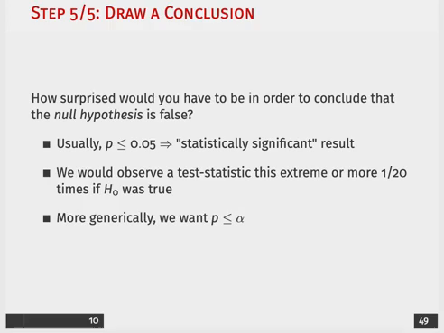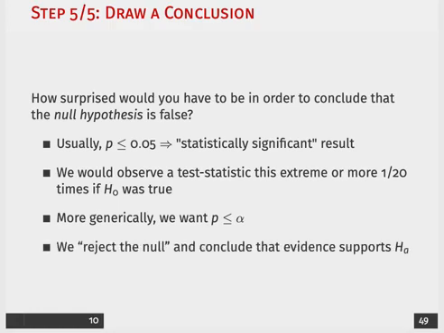The lower our p-value is, the greater the certainty, or the more surprised we would be if the null hypothesis was in fact true and we rejected it. Now, if we do find a p-value that is below our critical threshold, we typically can reject the null hypothesis and conclude that the evidence supports our alternate hypothesis, though I would highly recommend against using that kind of language.